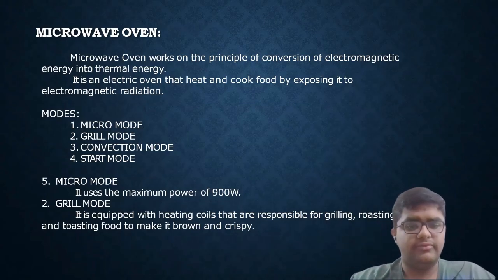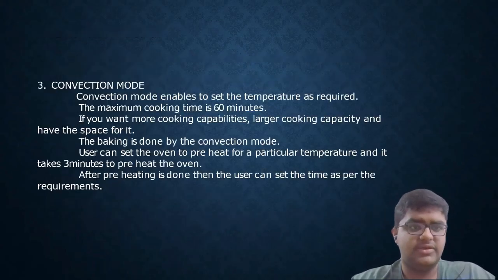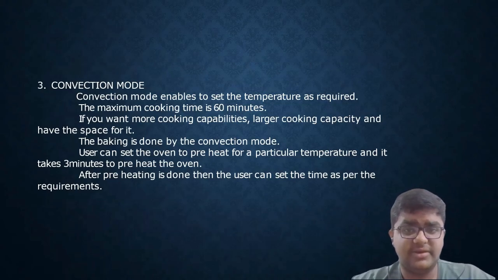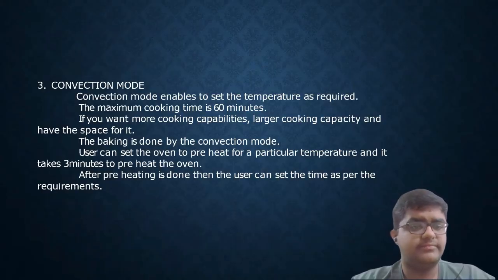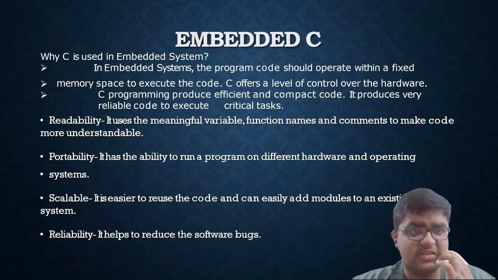Grill mode is equipped with heating coils that are responsible for grilling, roasting, and toasting food to make it brown and crispy. Convection mode enables the set temperature as required. Maximum cooking time is 60 minutes. And here are the other specifications.